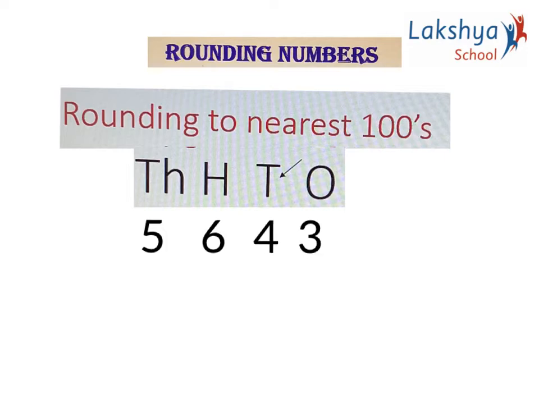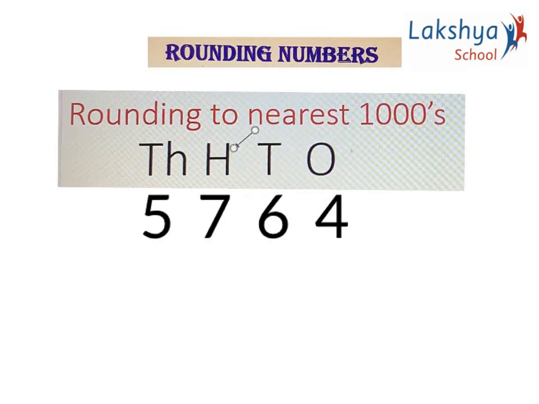Now I round this number. The number becomes 5600 because the number to the right of 6 is lesser than 5. So I have written the number over here and just added 2 zeros. This is how I round to the nearest 100.